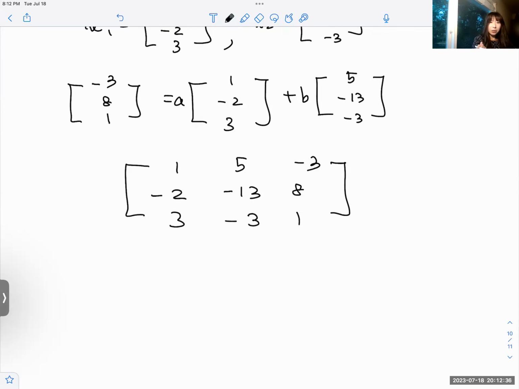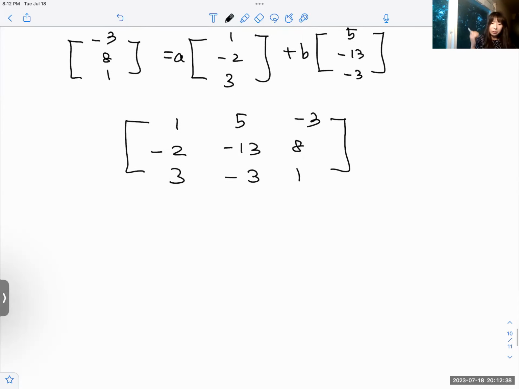Okay, now we are finding solutions, so we want to make a row echelon form.